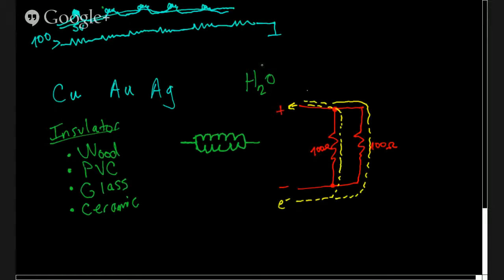If we took our little equation up there, the inverse of the resistance is the sum of the inverse of each. Which should be 50 ohms, if I'm not mistaken. So we end up with a lesser resistance here.